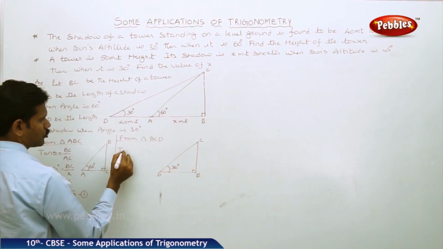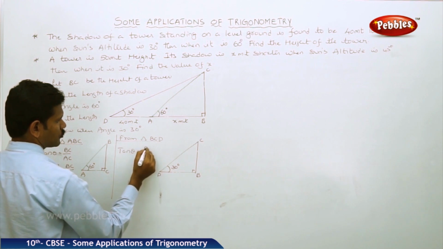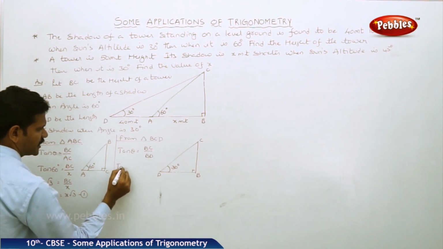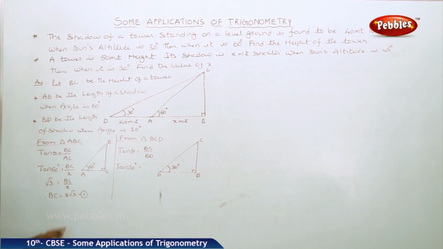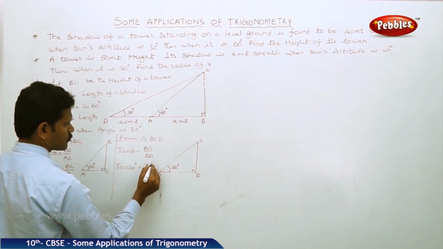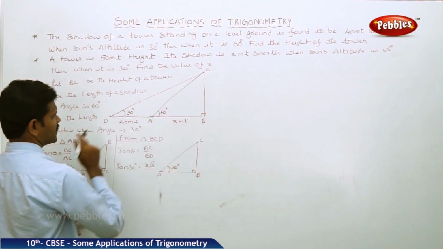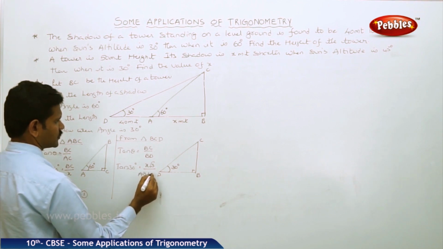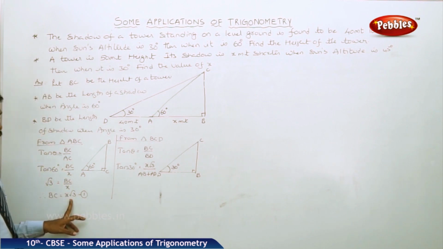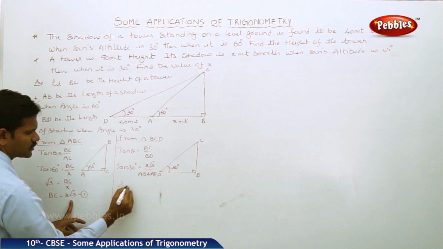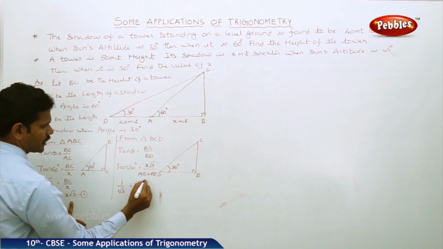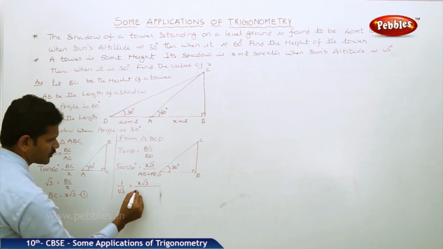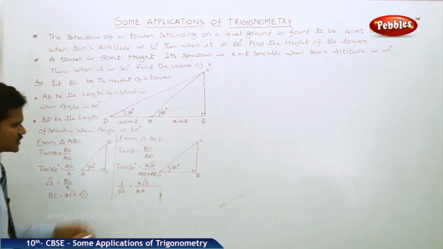Now tan theta is equal to BC by BD, that is tan 30 degrees is equal to BC value X root 3 by BD, nothing but two parts, that is AB plus AD, that is tan 30 nothing but 1 by root 3 is equal to X root 3 by AB value is X plus AD value is 40.